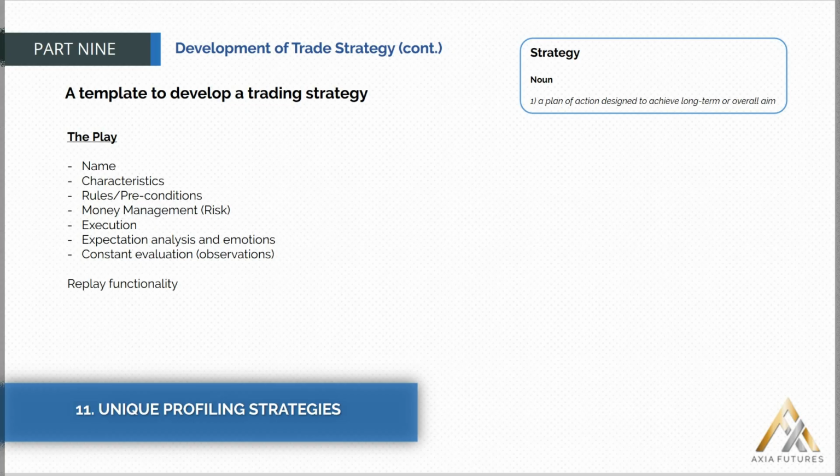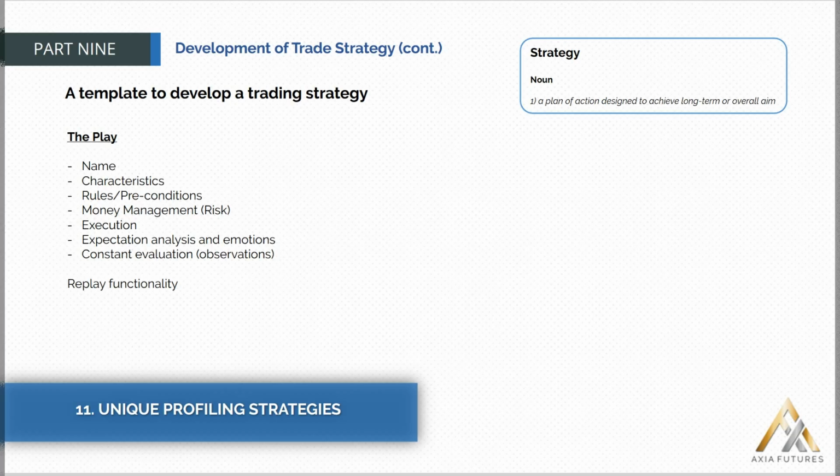Money management. Where's your risk? How are you going to enter and exit? Execution. Where's the stop? Where's the entry? Passive, limit order, how are you getting involved in the market and where you're going to take profit? Then your expectation analysis and emotional analysis. And lastly, the constant evaluation and observations around the trade setup.